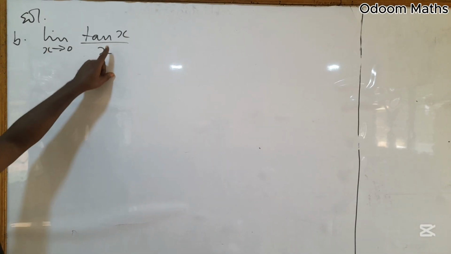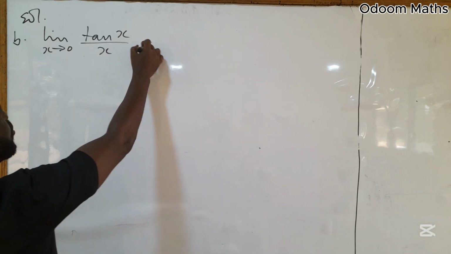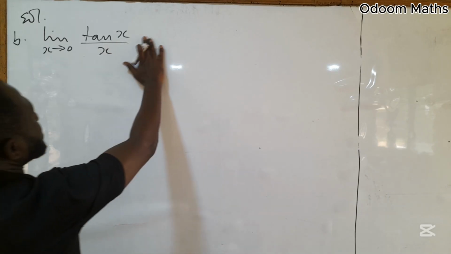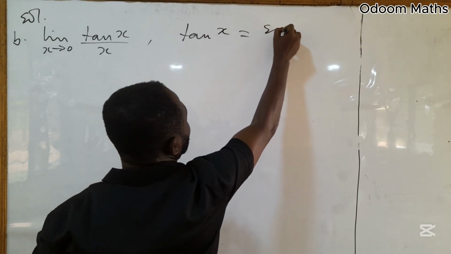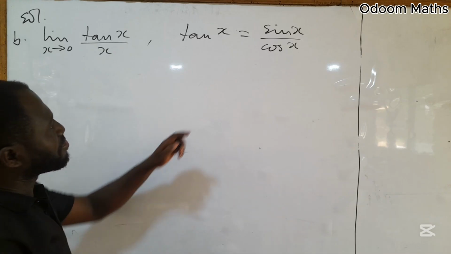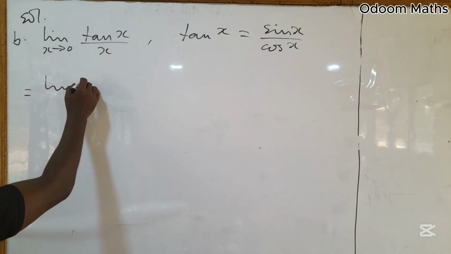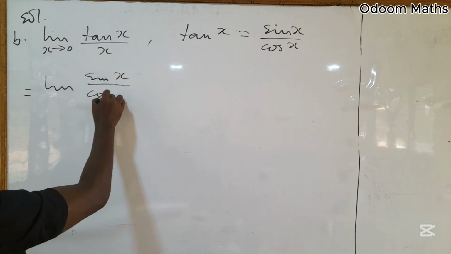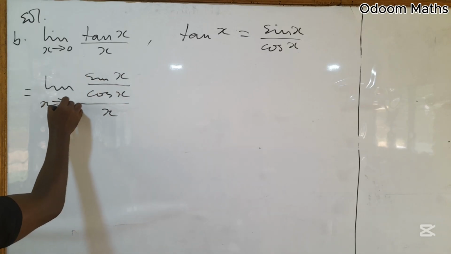Okay, so let's look at the second example, that is B. The limit of tan x over x as x approaches 0. We know that tan x is the same as sine x over cos x. So let me put this here. That is going to be the limit of sine x over cos x, over x, as x approaches 0.